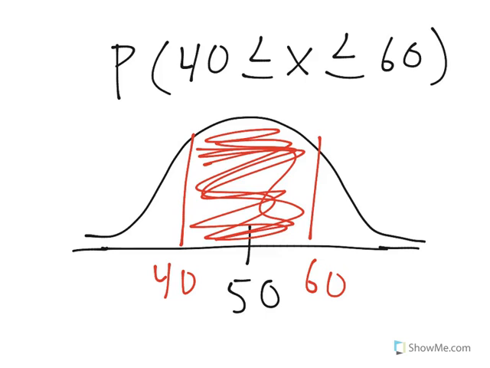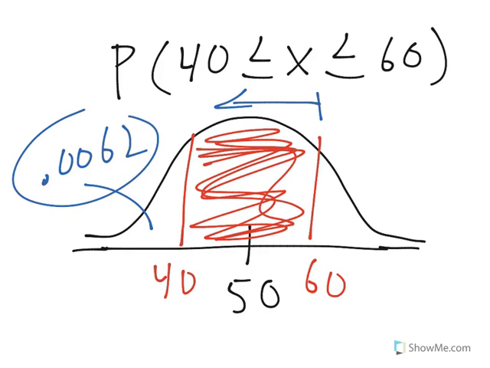Right? Well, how can I find that? Well, we already know this area is 0.0062 because we've done it a few times now. What I need to do is find from here over and then subtract this piece out, right? So if I go into Excel and I just put a 60 and a 40 in my code before, I get 0.9938, and then I'm going to subtract out 0.0062, right?